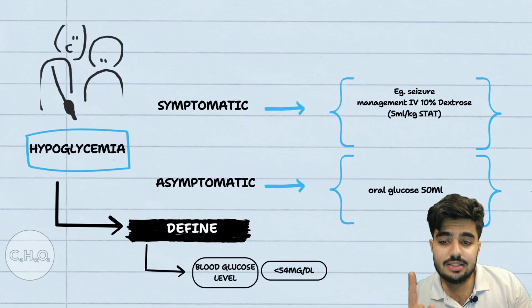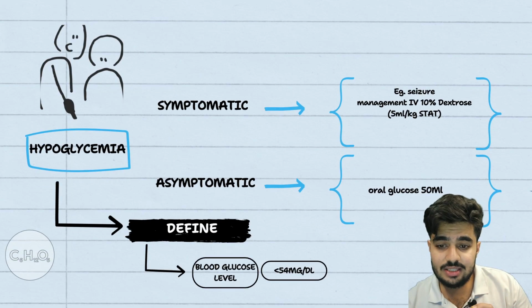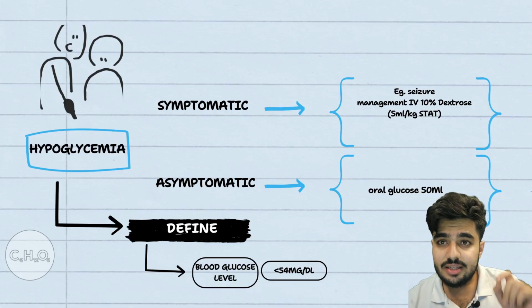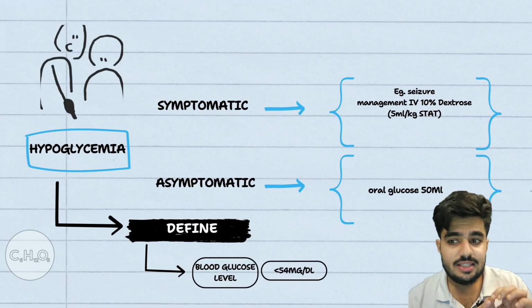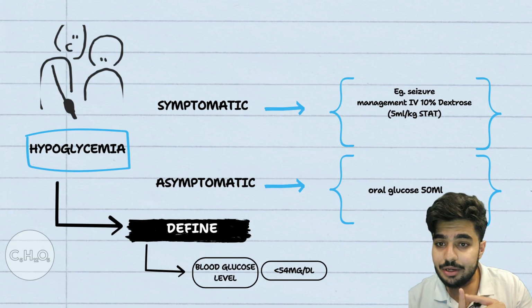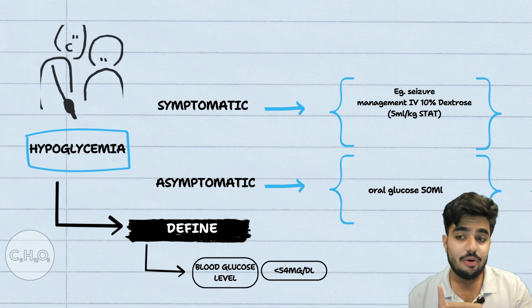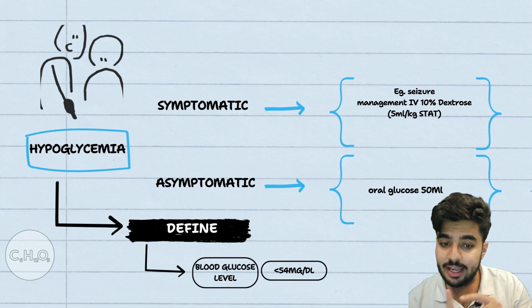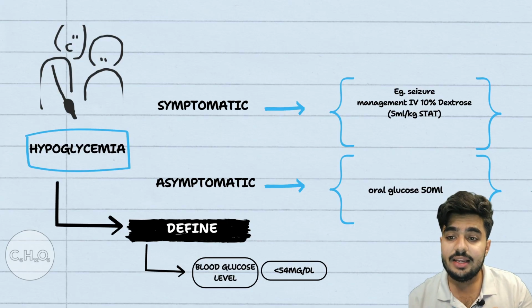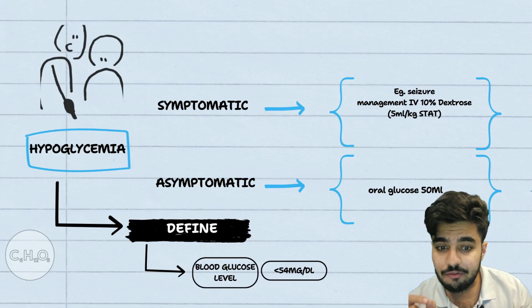First, we need to look at hypoglycemia. If the blood glucose level is less than 54 mg per dL, we will consider that as hypoglycemia. Please note, the hypoglycemia in SAM patients is different than the hypoglycemia in neonates. In neonates it is 45 mg per dL, and in case of SAM it will be 54 mg per dL.